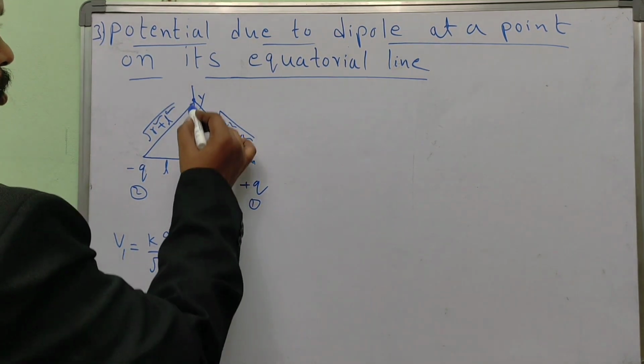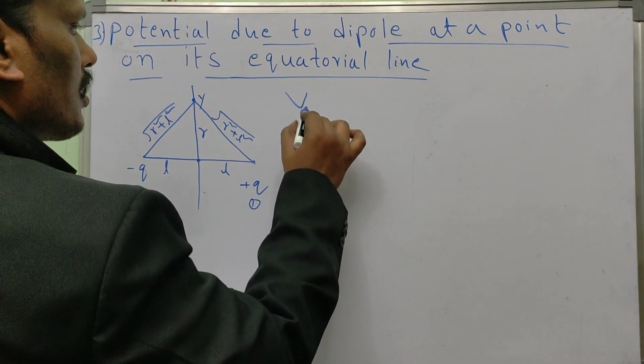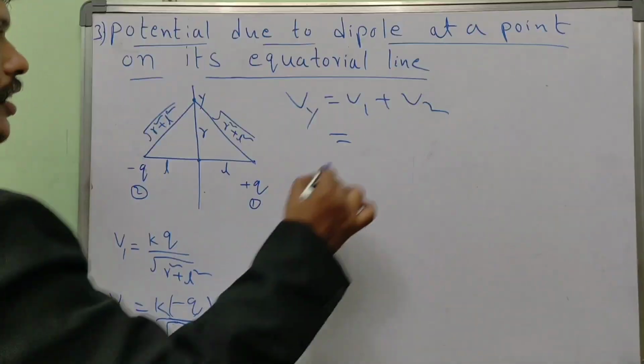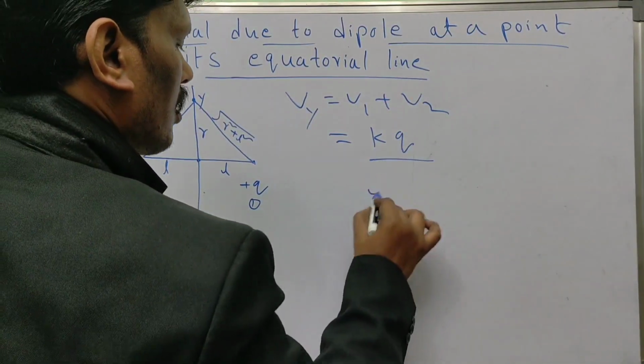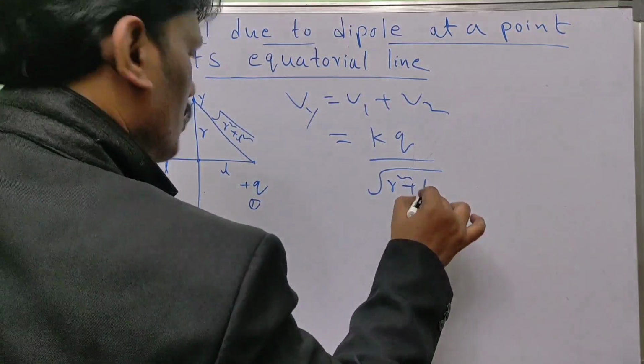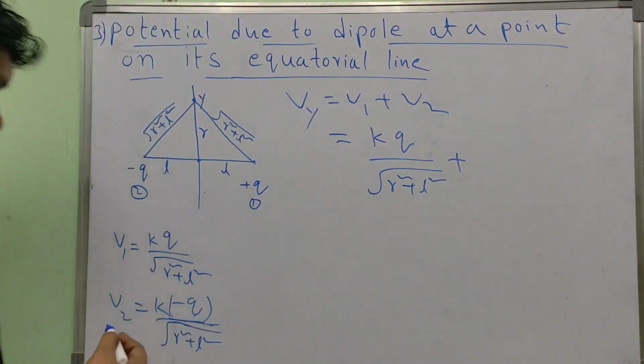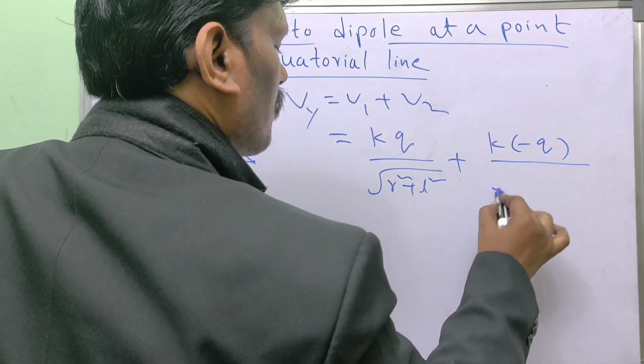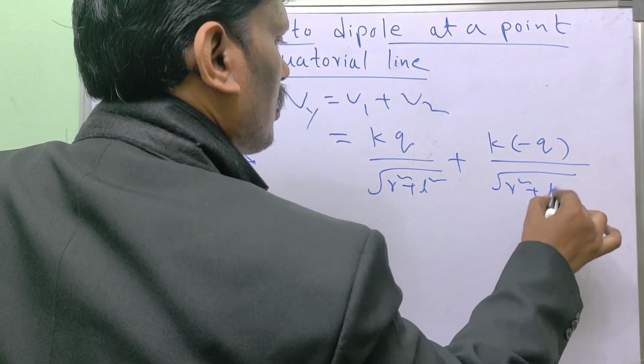So what is the total potential at point Y? Total potential at point Y is V1 plus V2. V1 is K times Q upon under root R square plus L square, plus V2, which is K times minus Q upon root of R square plus L square.